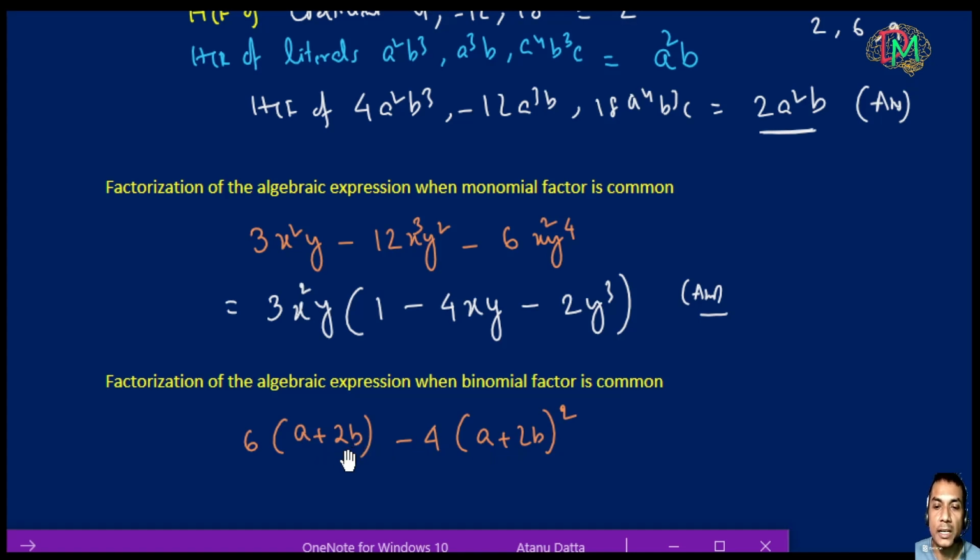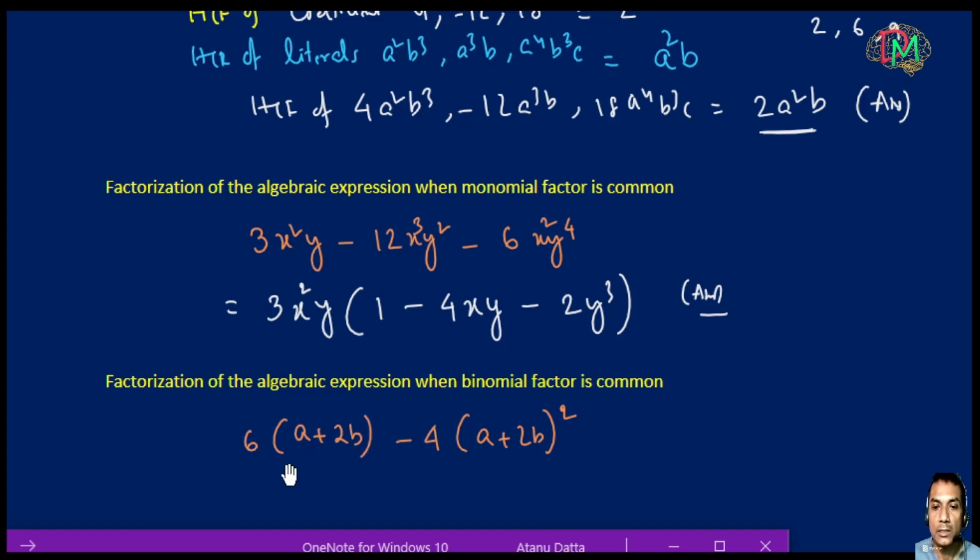We have already learned monomial and binomial; there are two terms in each of these expressions, so we can say these are binomials. We can take the common factor. First we check the coefficient part, the constant part also. If there is a common factor, we have to take it out, then take the common from the binomial expression. Okay, so let's do this.